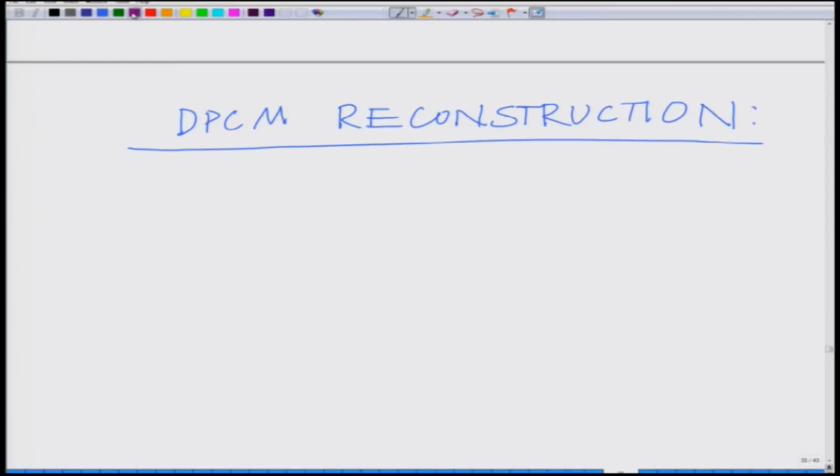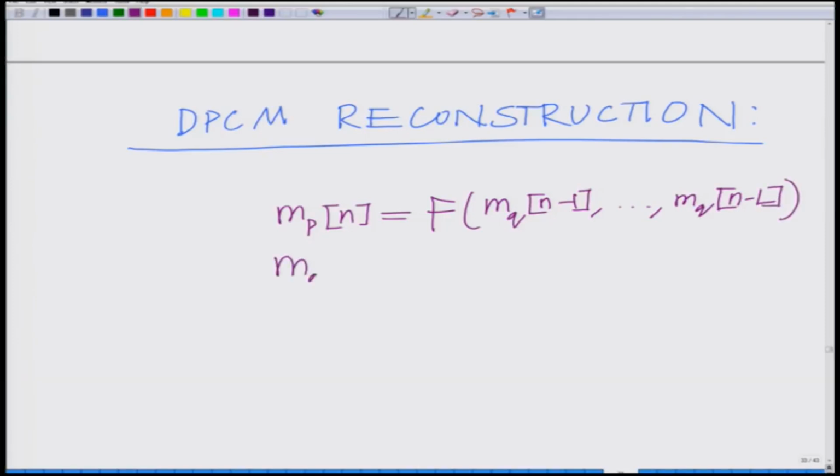For DPCM reconstruction, you first have to generate the prediction MP of n, which is f of MQ of n minus 1 up to MQ of n minus L. Then your reconstructed value MQ of n at time instant n is MP of n plus EQ of n. So, this is the quantized error at time instant n.